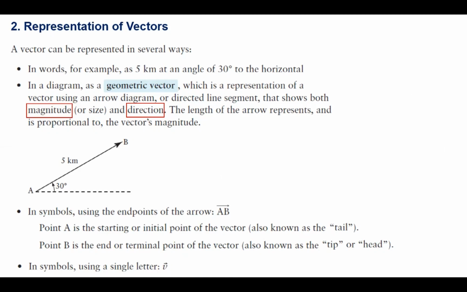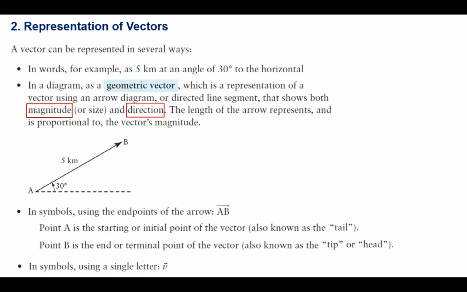You can also use a symbol like the vector V. Just put a letter V and a directional line segment on top of the letter, such as vector V, vector U, vector ABC, and so on. So there are several ways we can represent a vector, right?